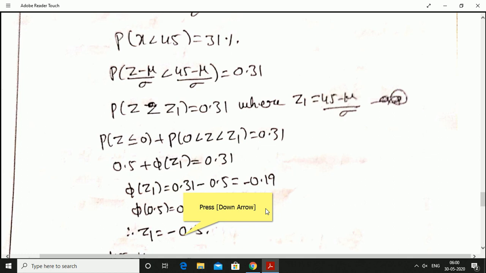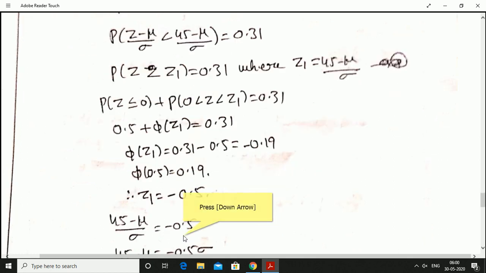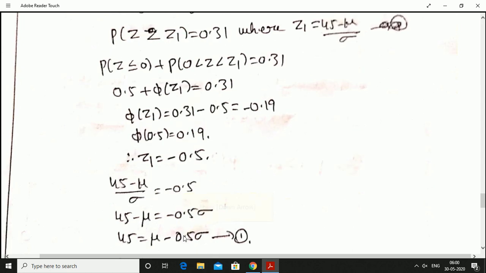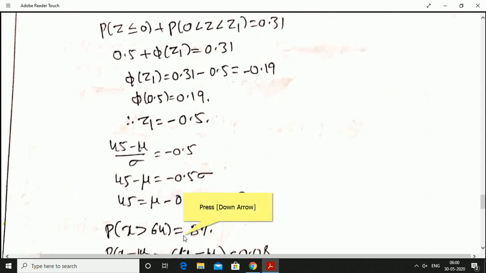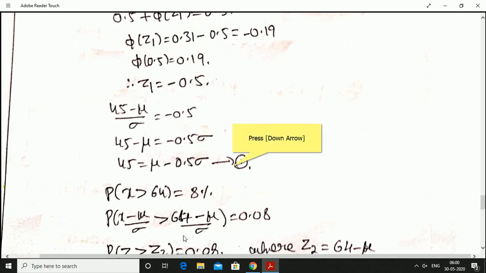From the table, corresponding to the area 0.19, z value is 0.5. Hence, z1 is equal to minus 0.5. So (45 minus mu) by sigma is equal to minus 0.5. On simplification, it comes out as 45 is equal to mu minus 0.5 sigma. Call it equation 1.